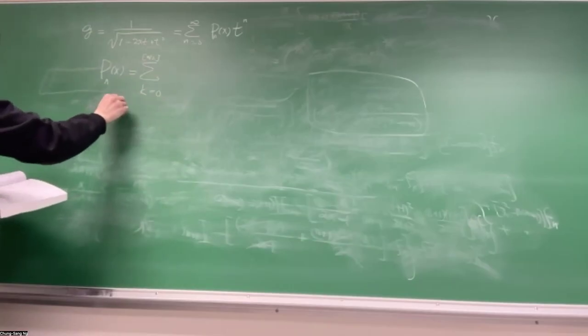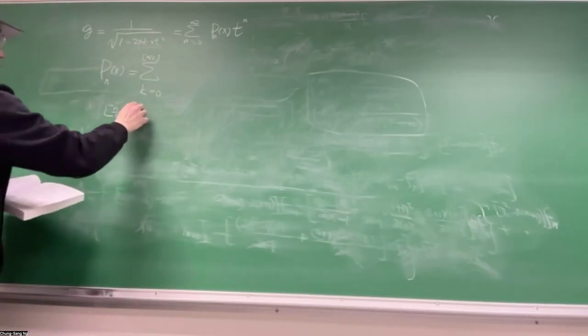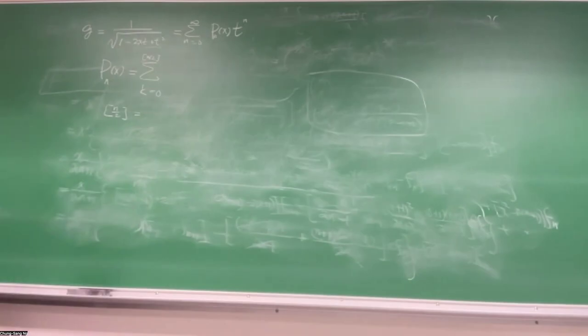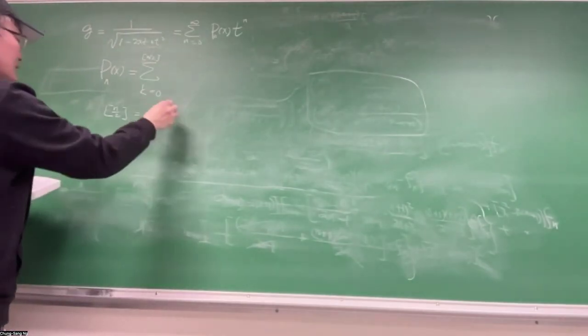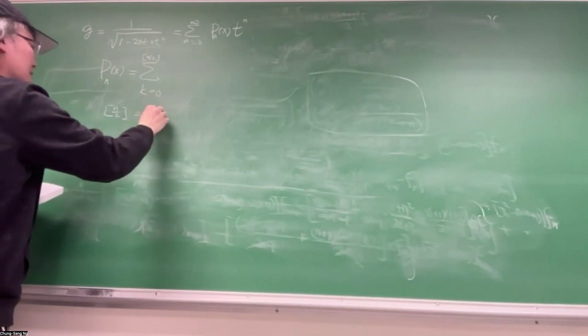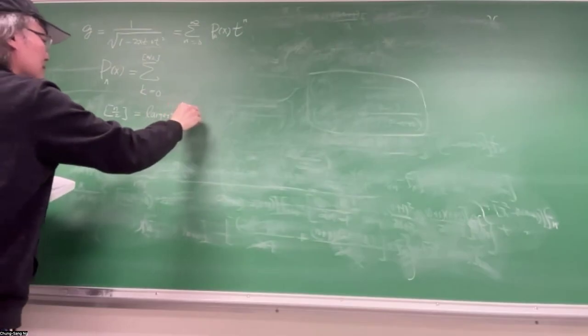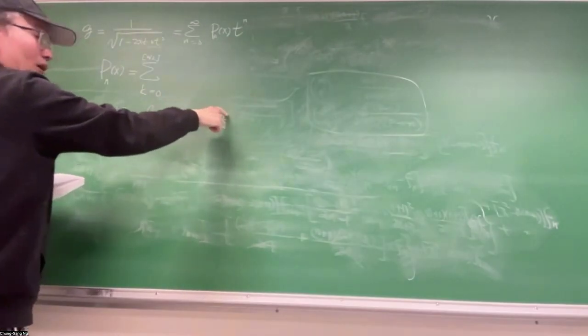You know what I'm saying? n over 2 is the largest integer smaller or equal to it, because n can be odd and even.